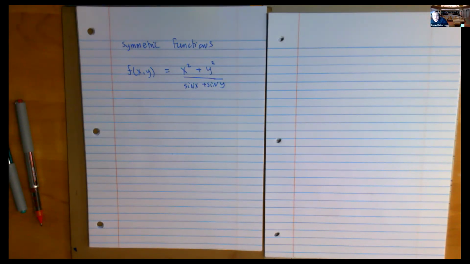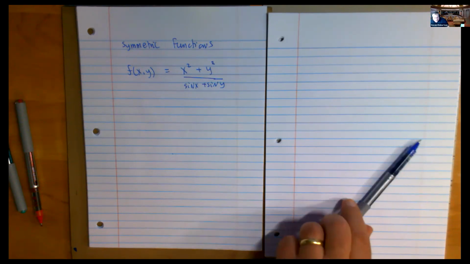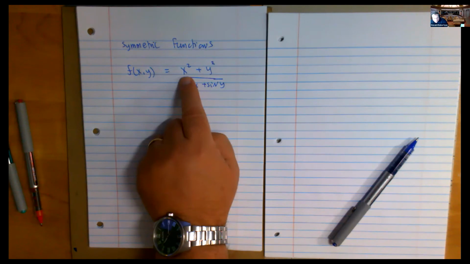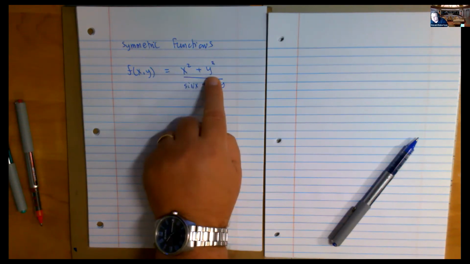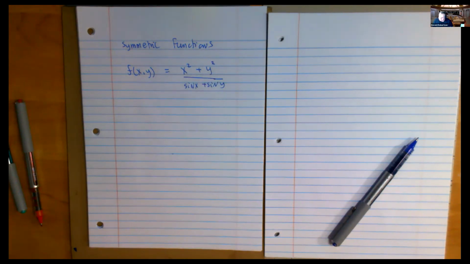So what makes a function symmetric? Well, it has the property that if you take the x and replace it by a y, and you take the y and replace it by an x, in other words, if you switch places, you have the same function.